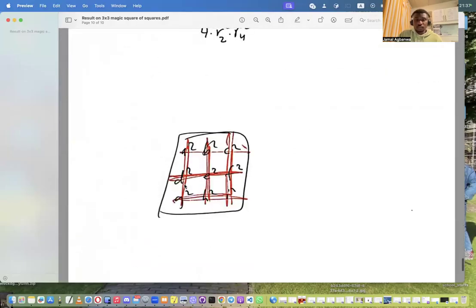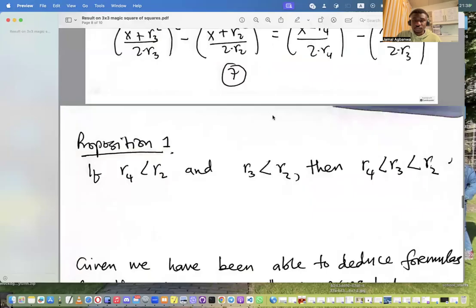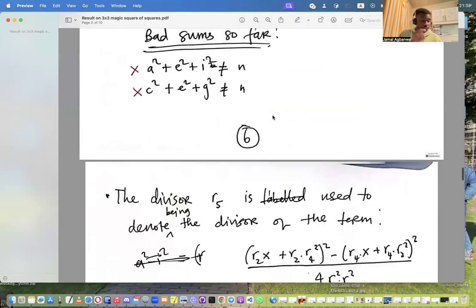So this was what we tried to indicate earlier, that we had constant sums here, constant sum here, constant sums here, constant sum here, and a constant sum here. The only ones which were not constant were these and that, you know.